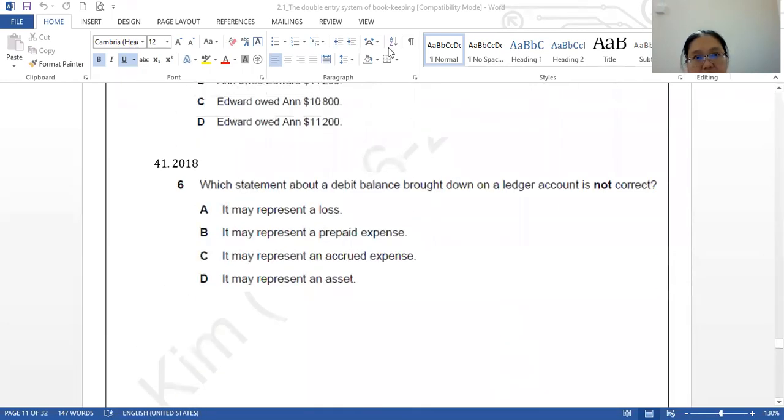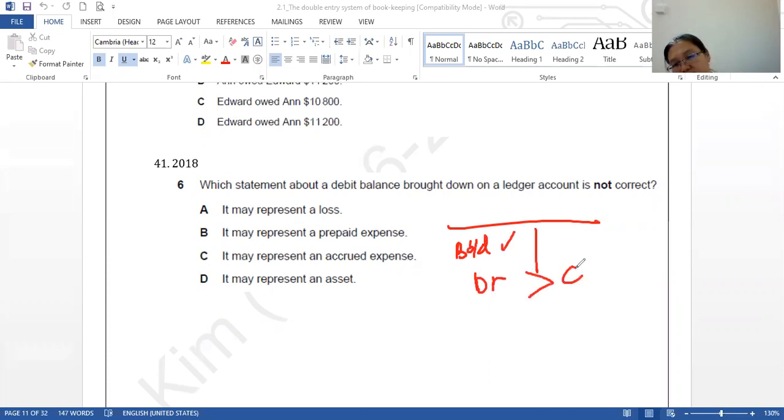Question 41. Which statement about a debit balance brought down on the ledger account is not correct? A debit balance means that you have this balance brought down here, or debit more than the credit. It may represent a loss.